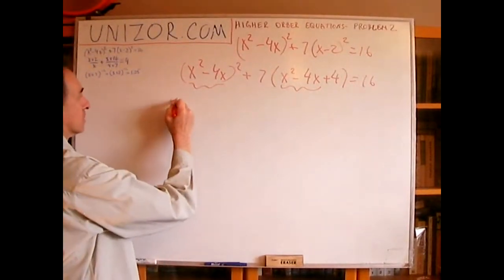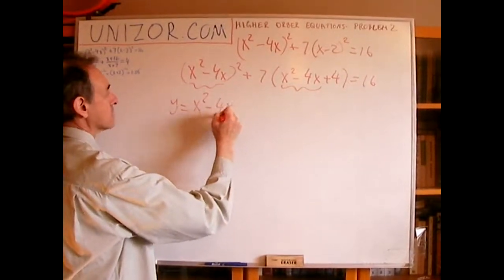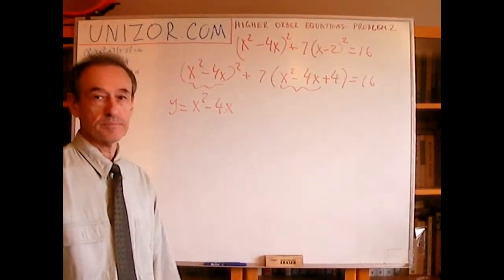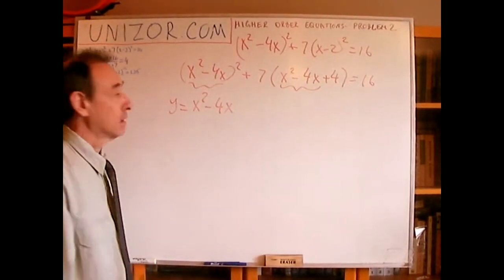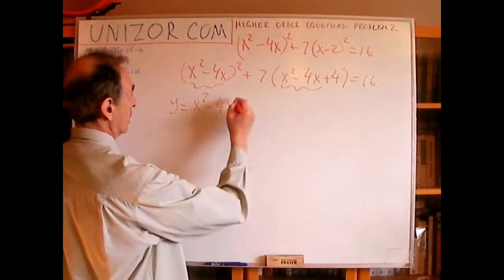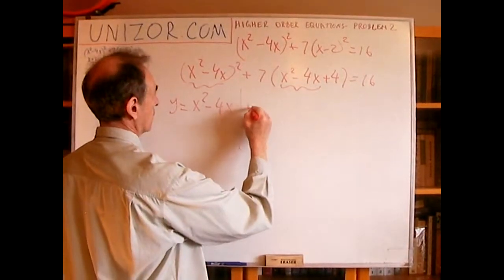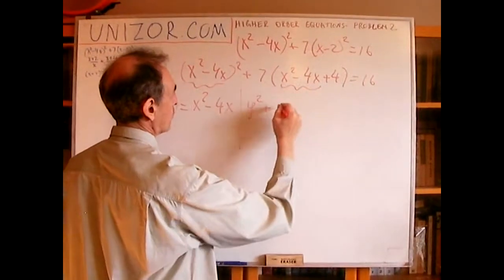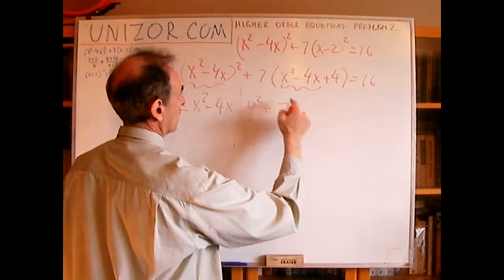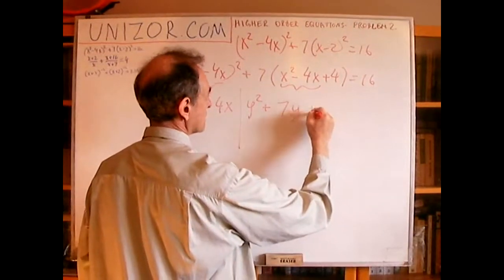So I can just substitute y equal to x squared minus 4x as a new variable. And now I have a quadratic equation in y. Now this is y squared, this is 7y, plus 28, and there is a 16 here, so it's plus 12.